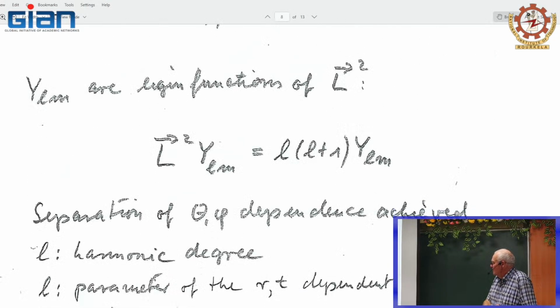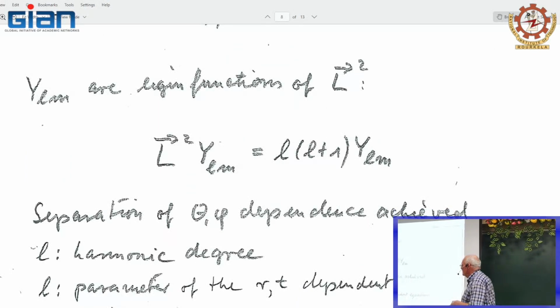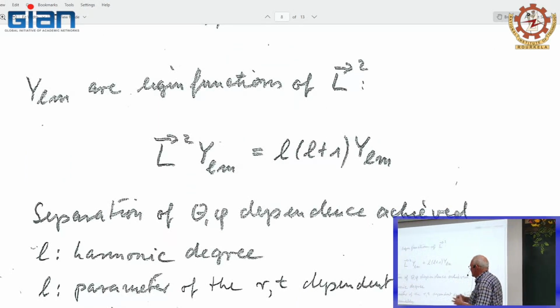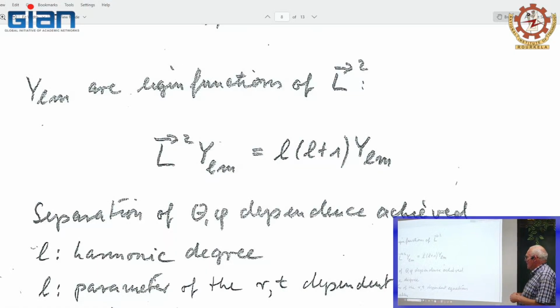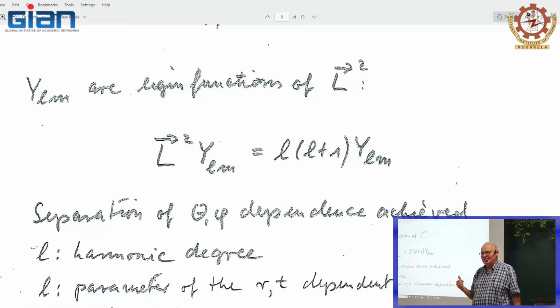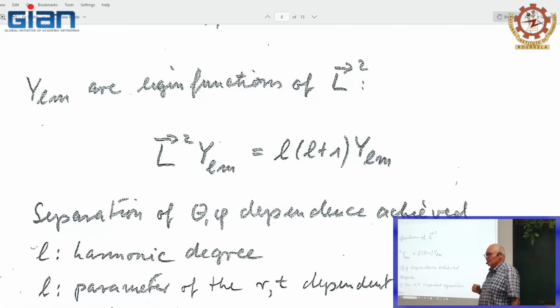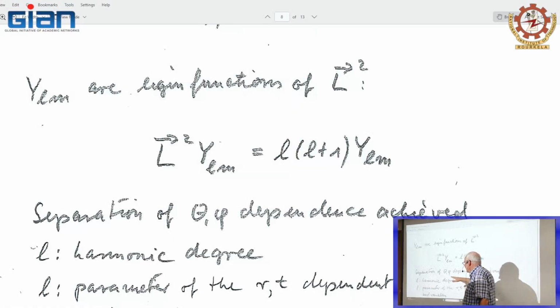So what we have achieved by writing it as this infinite sum is a separation of the angular variables. The disadvantage is that we have an additional parameter in our equations, which is the harmonic degree l.